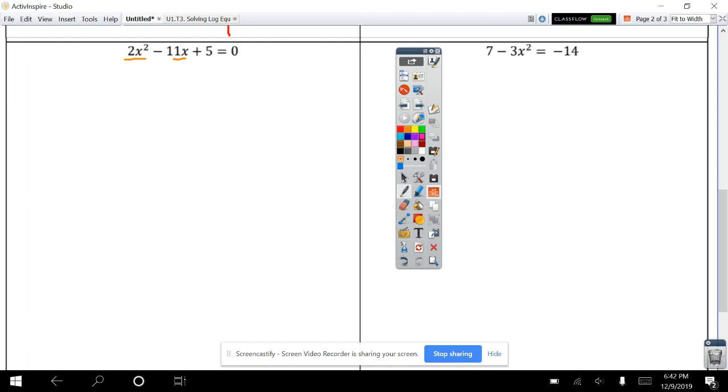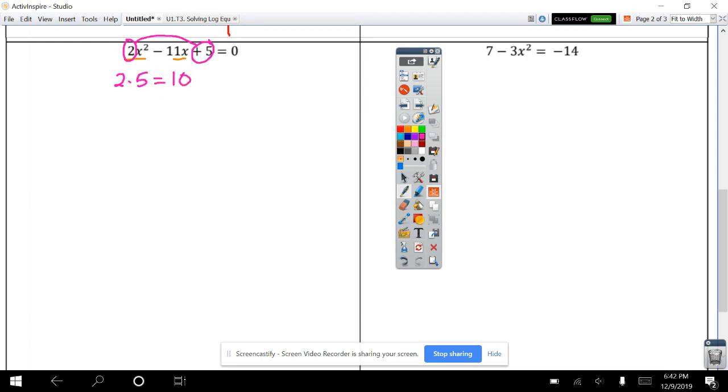So I always have to first check if my equation is set equal to 0, and it is. So that part's done. If it wasn't set equal to 0, I'd have to move terms like I did in the last example, but this one's good. So my first step is I need to take the number with x squared and the constant and multiply them. So 2 times 5, that gives me 10.